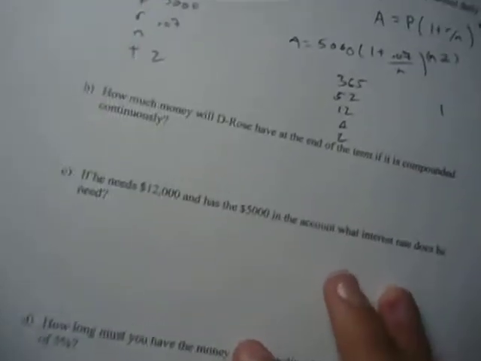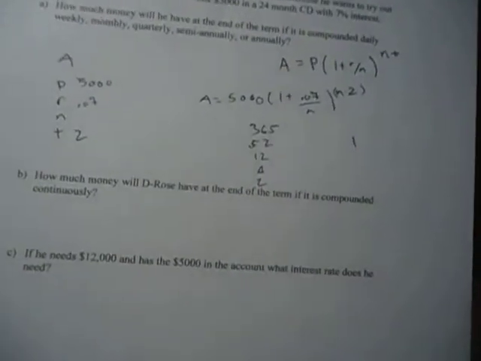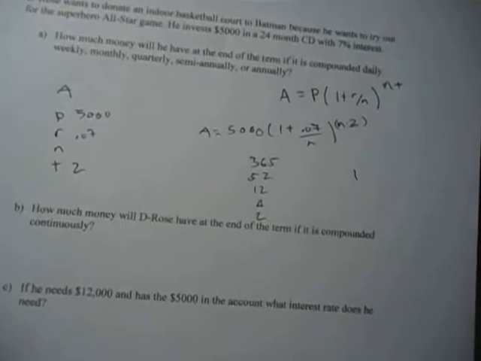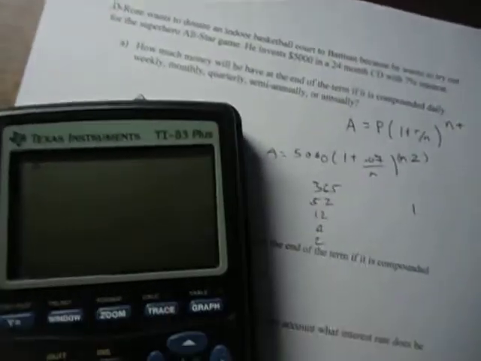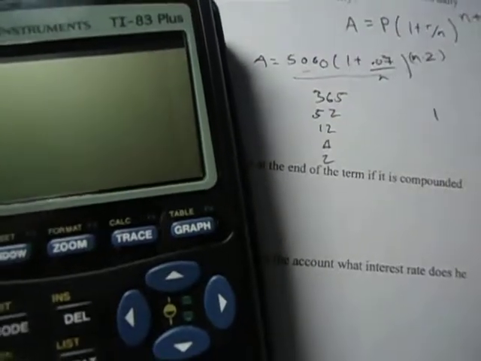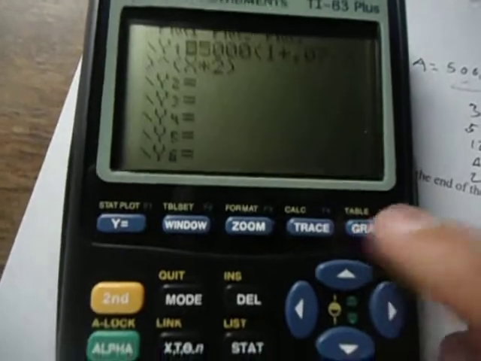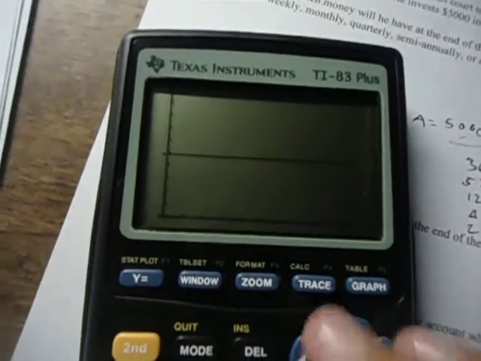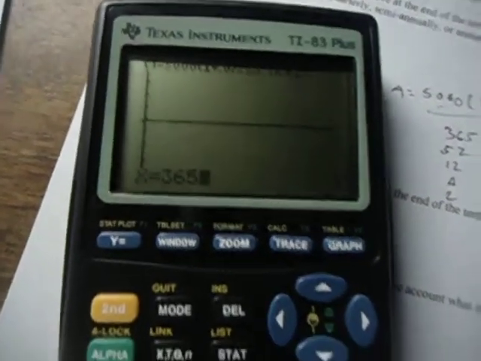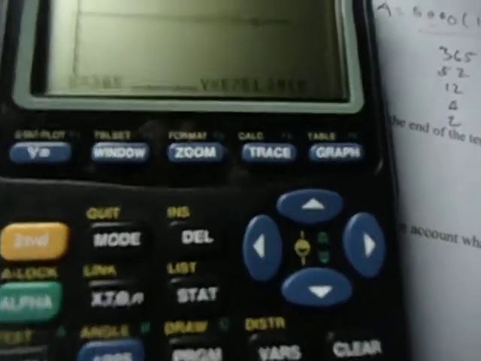And that's going to be for each. That includes daily, weekly, monthly, quarterly, semi-annually, and annually. To find these, we plug this equation into our calculator. I already have it plugged in right here, and we just graph it, trace, and then select the X value.